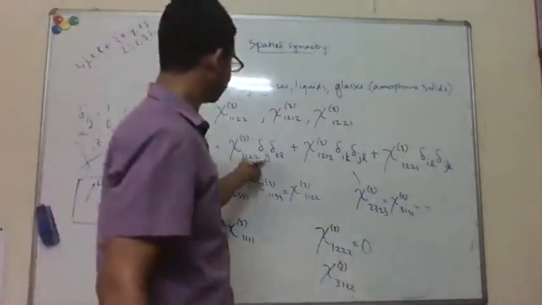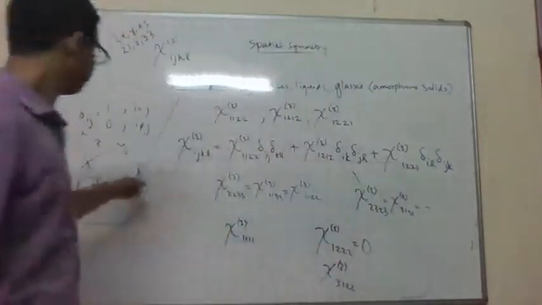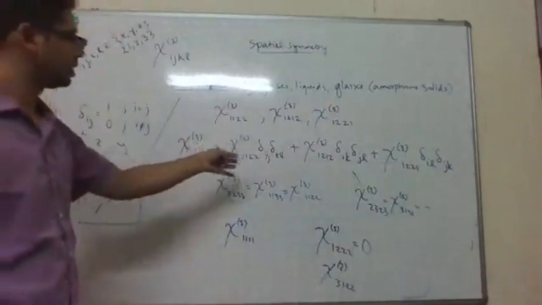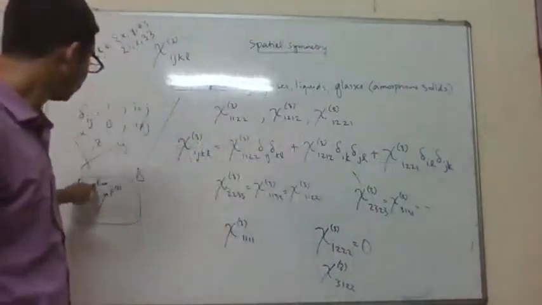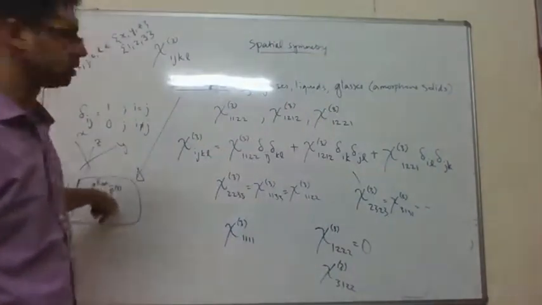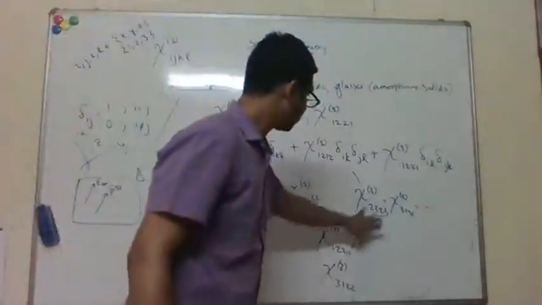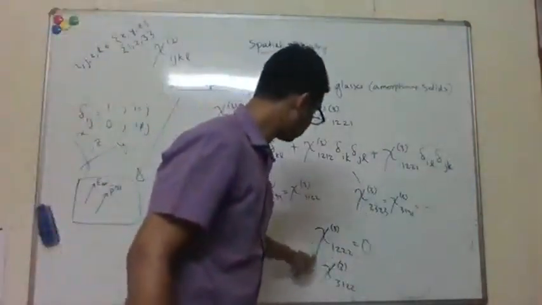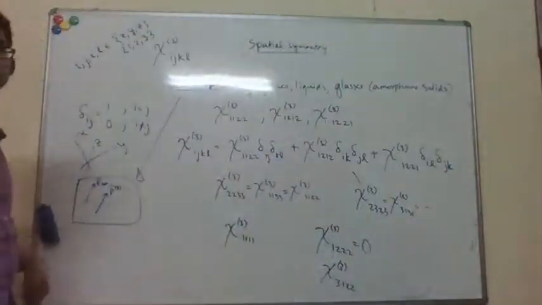Basically, with terms where two of them are in one direction, you can have the three applied fields such that the total field points in some particular direction, and the polarization is induced in that direction. But with these other kinds of terms, you can never have this kind of situation.